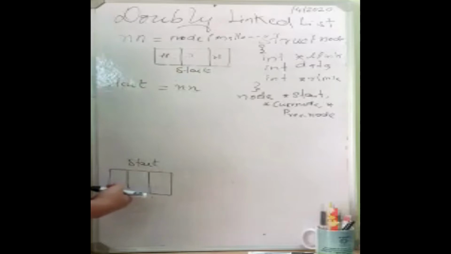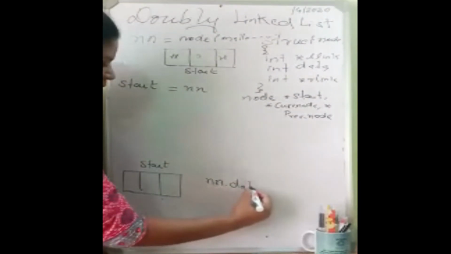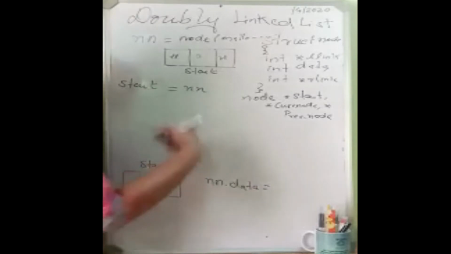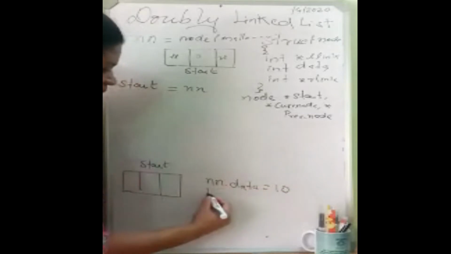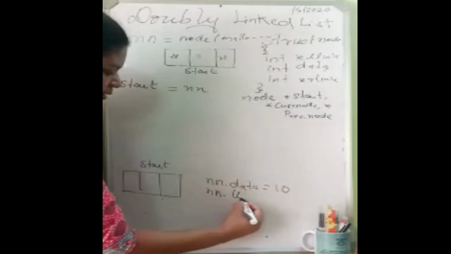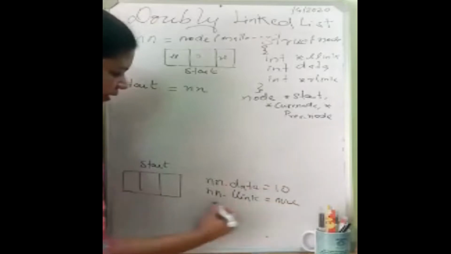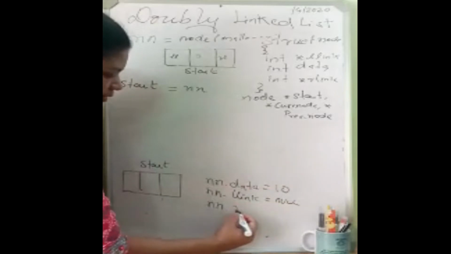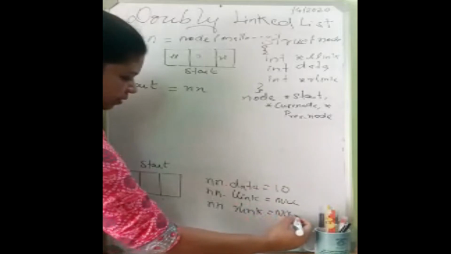And I have to store data, correct? Node dot data, and before this you have to store the new node dot left link, you have a null field, new node dot right link, you have a null field, right?